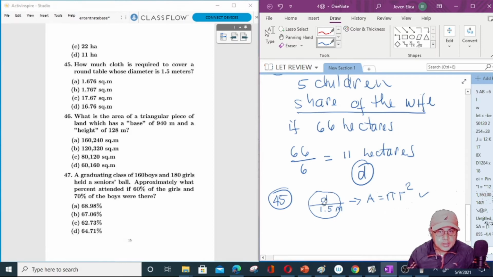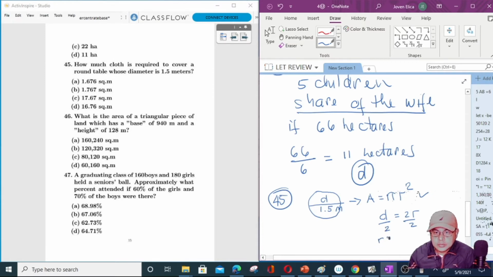We are asked to find, if you want to cover the round table whose diameter is given, the area. But since the diameter is given, we all know that D is just equal to 2r. Since the diameter is given, we can get the value of r, which is just the diameter divided by 2.